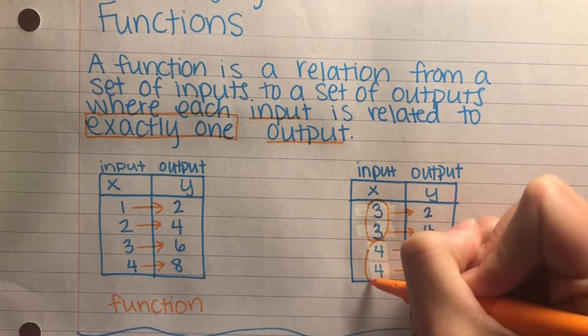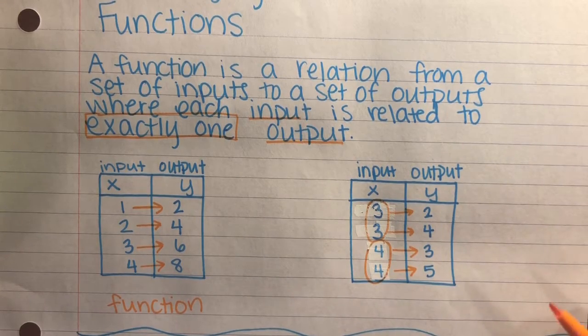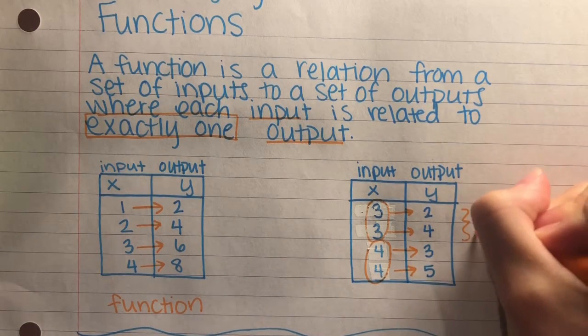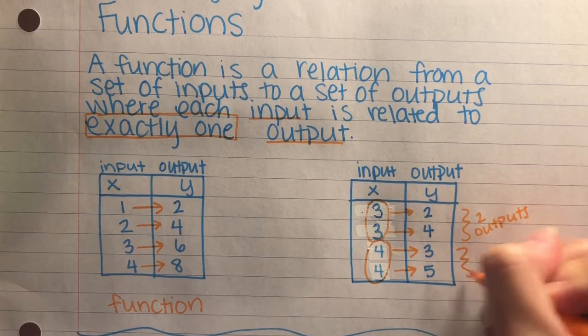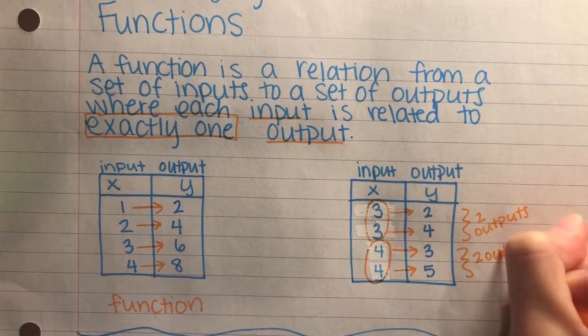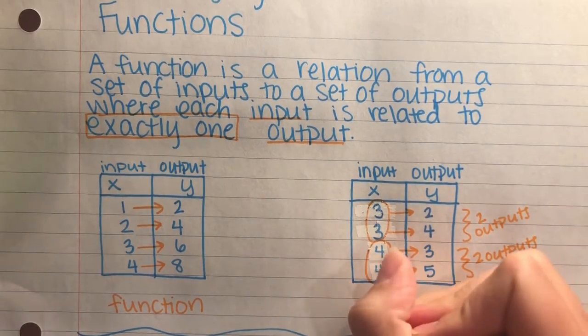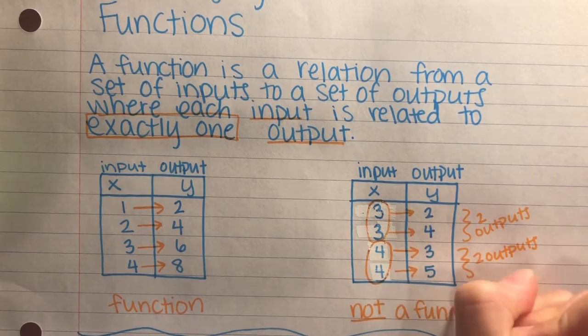And when x is 4, we get two outputs once again. So remember, we can only have one output for every input. And here we have two outputs for each of our inputs. So that means that this is not a function.